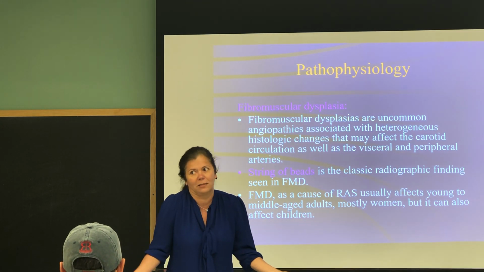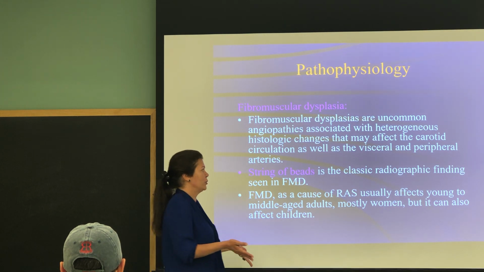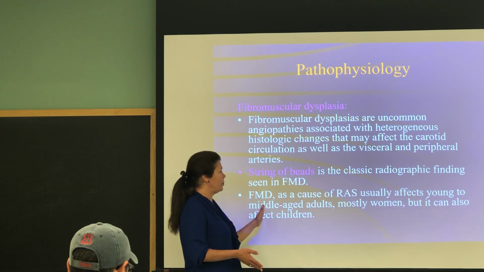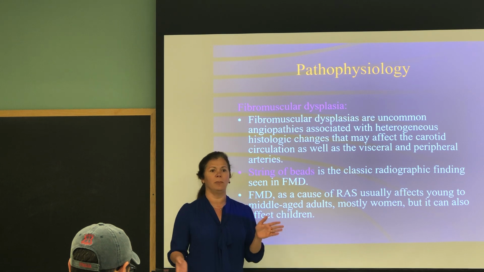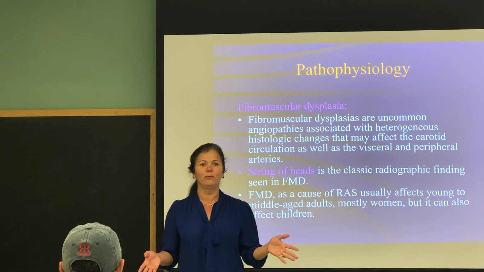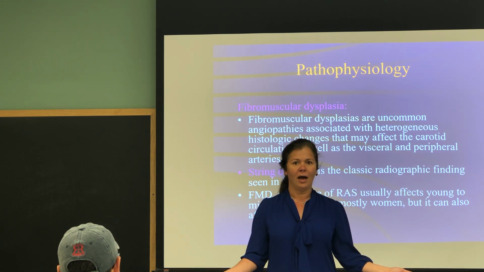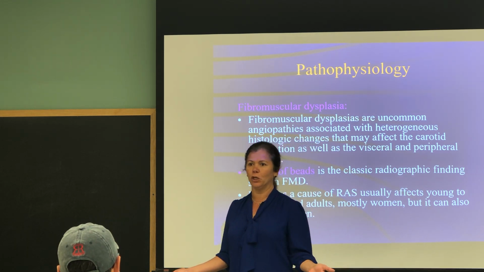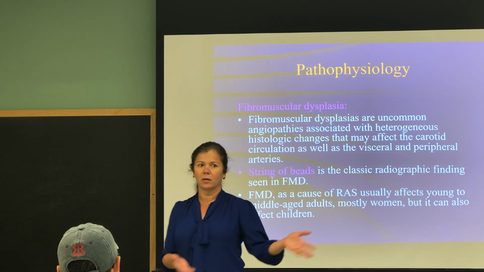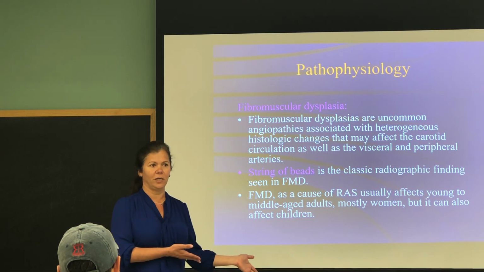That's what we expect. But you never expect to see a patient so young, less than 40 years of age, with a stroke, or a patient less than 40 years of age with renal artery stenosis, okay?